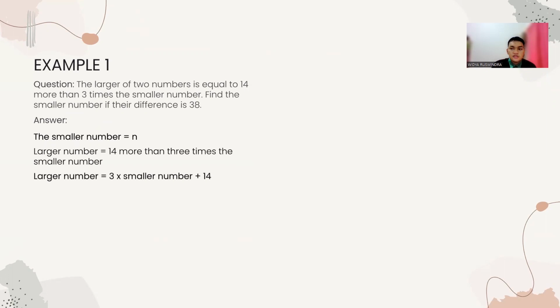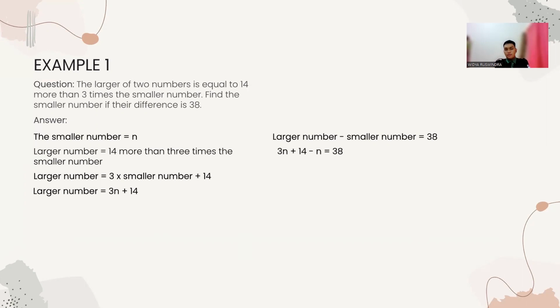And we can write the larger number equals 3 times the smaller number plus 14. And we know the smaller number equals n, so the larger number equals 3n plus 14. From the question, find the smaller number if their difference is 38. So we get the larger number minus the smaller number equals 38.